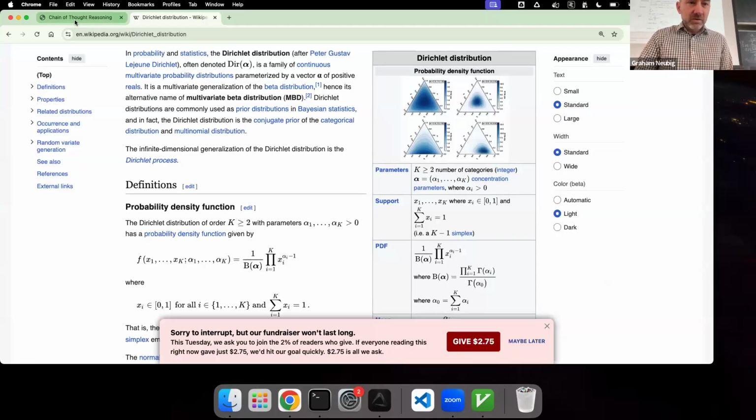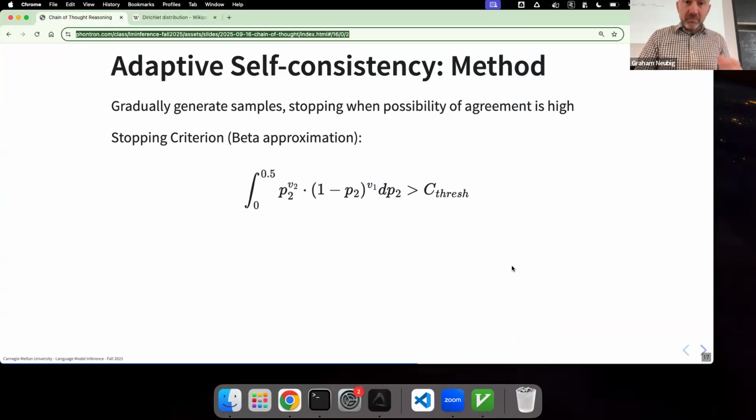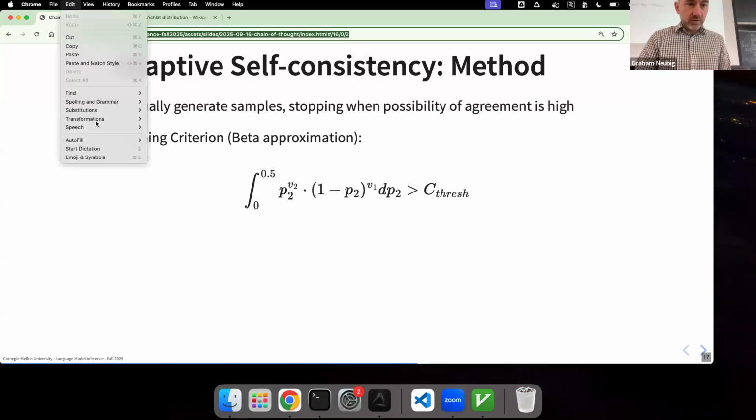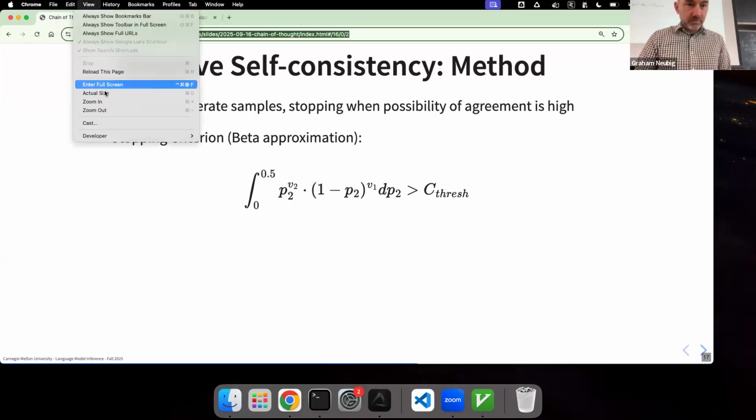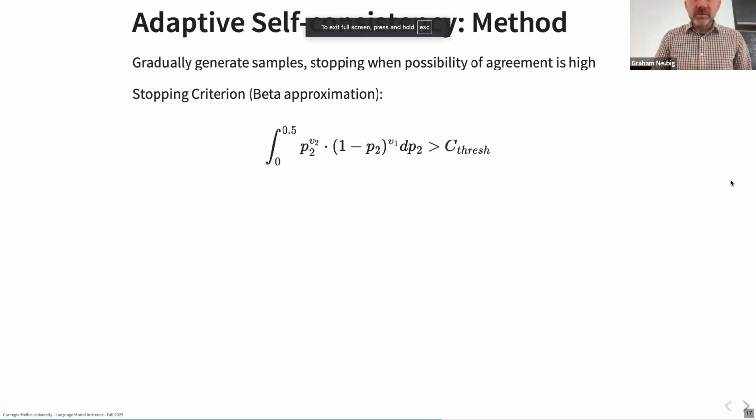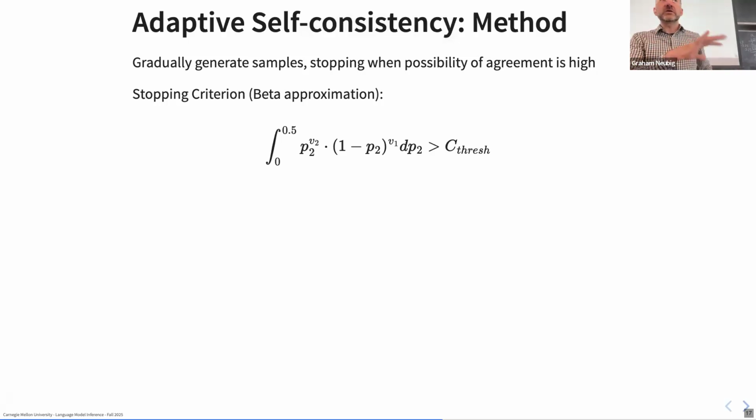But anyway, this method basically used an idea like this, and they actually introduced the Dirichlet distribution as their initial motivation, but then they simplify it to use something called the beta distribution.